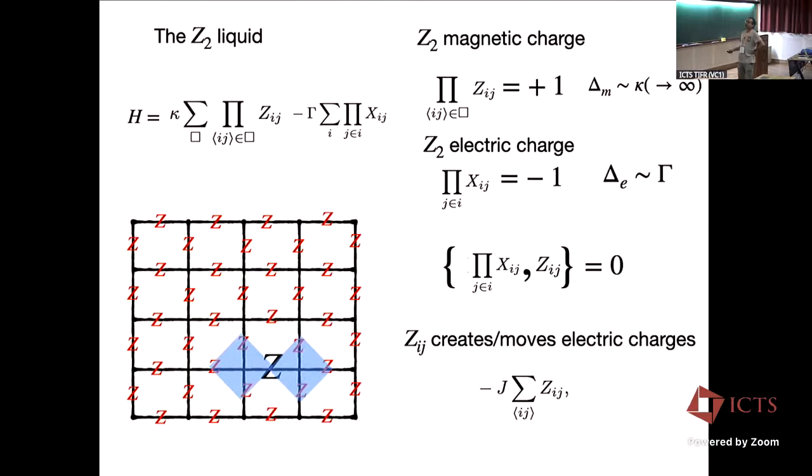Okay, so one can think about what happens when one starts with this Z2 liquid and considers the effect of this Zeeman term, which is this J term. What this J term does is create and move electric charges. So what one needs to understand is the effect of the motion of these electric charges in the background of this Z2 liquid.